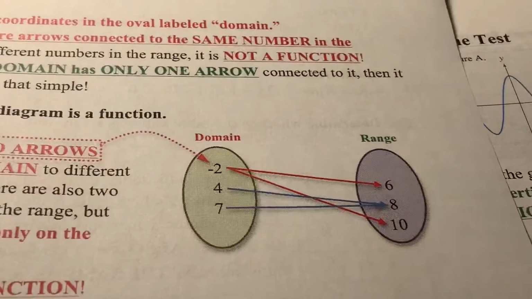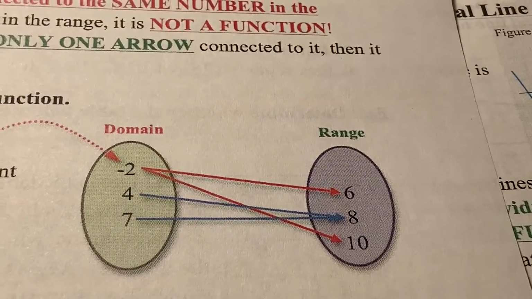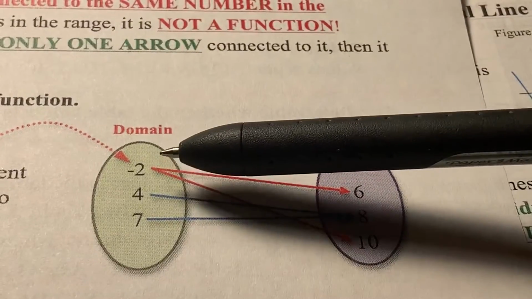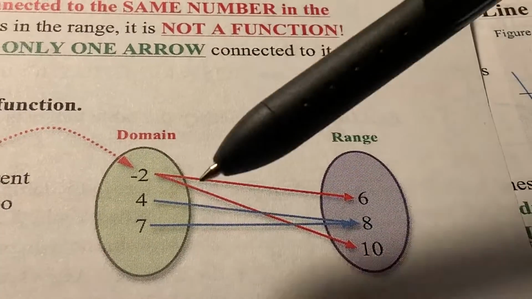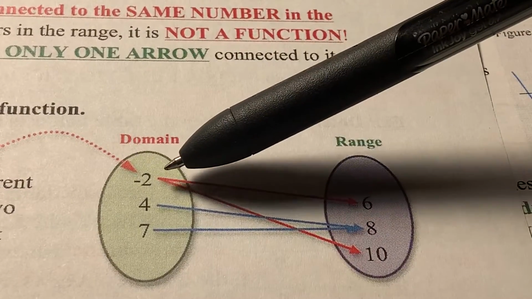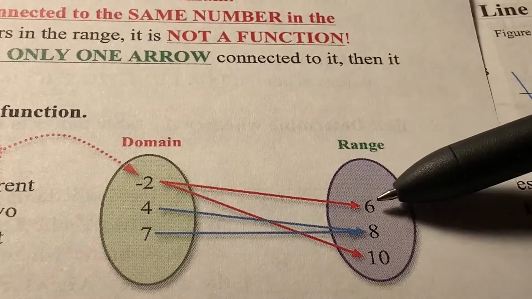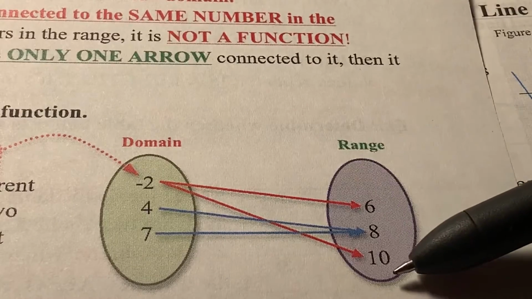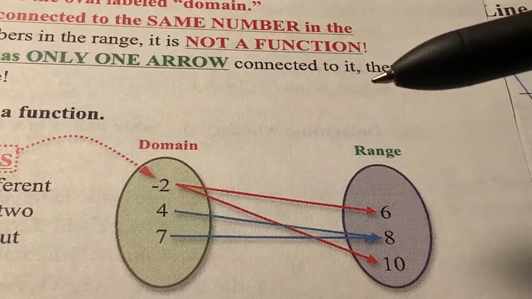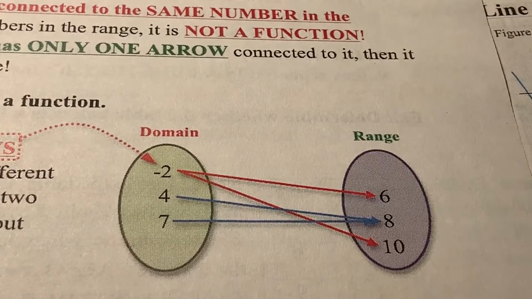Do I see 2 or more arrows connected to the same number in the domain? Look at this 2. There are 2 arrows leaving the 2, going to 2 different numbers in the range. Guess what? This diagram does not represent a function.